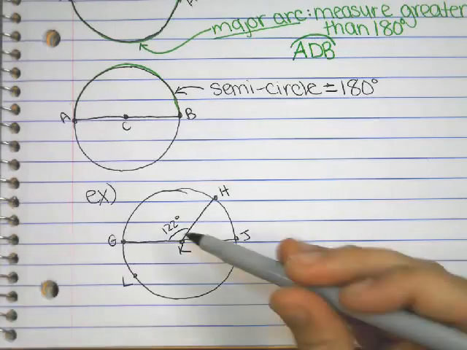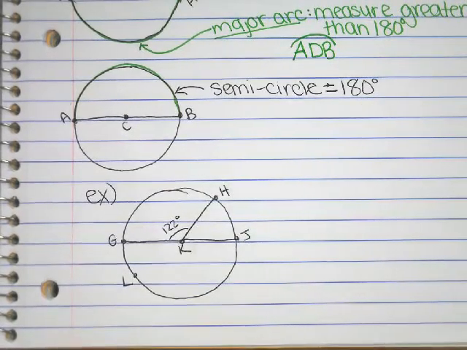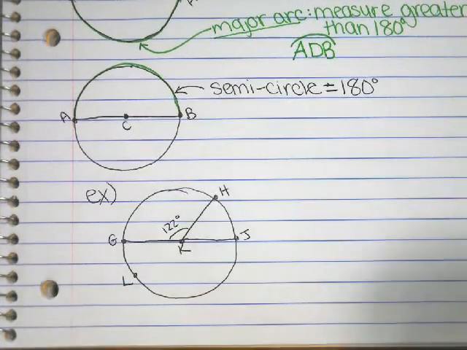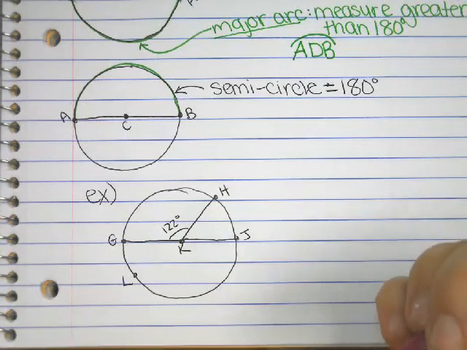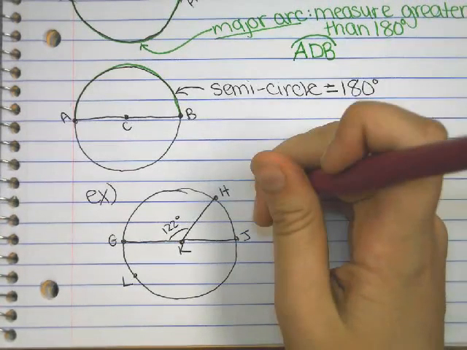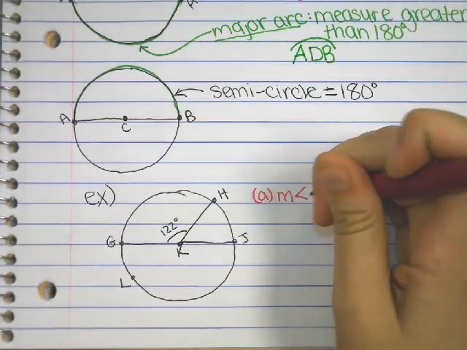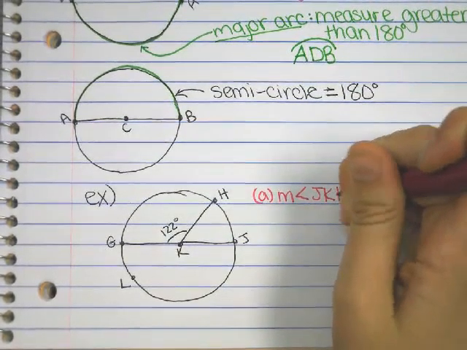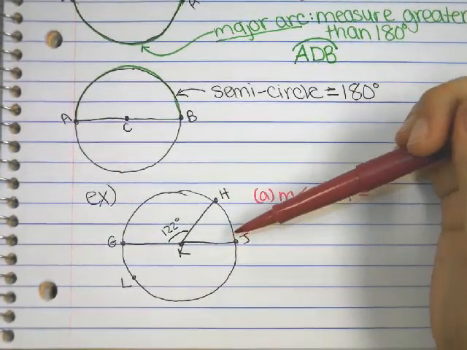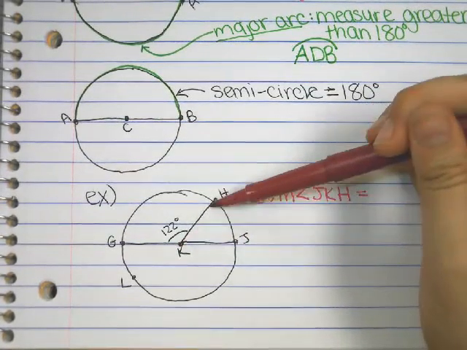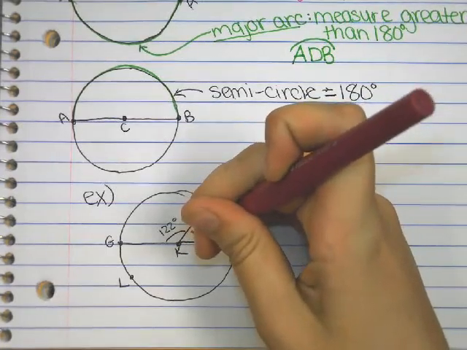So this is circle K. We label our circles based off of the center, so circle K. First question I want to know is what is the measure of angle JKH? This is the measure of J to K to H. That's this angle right here.